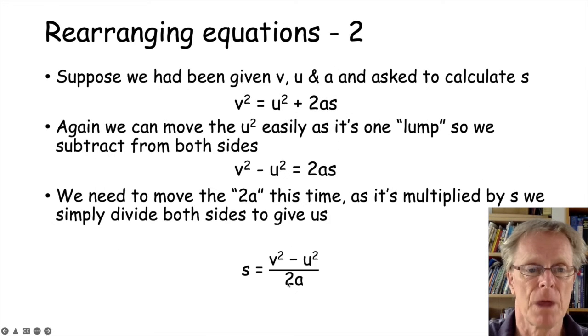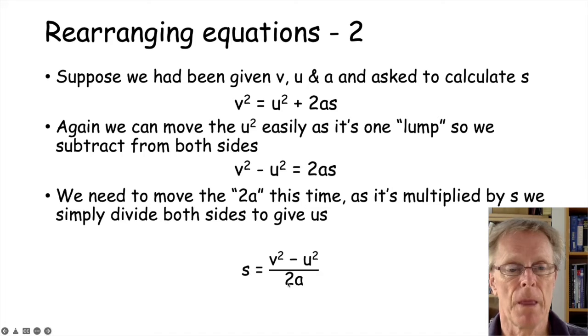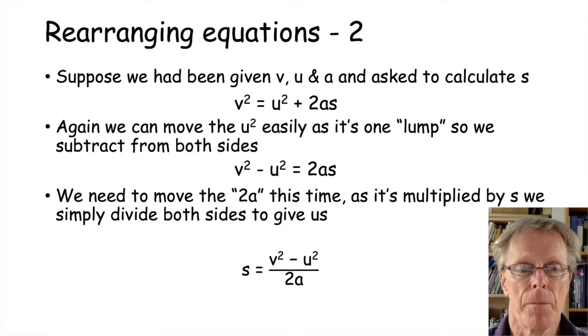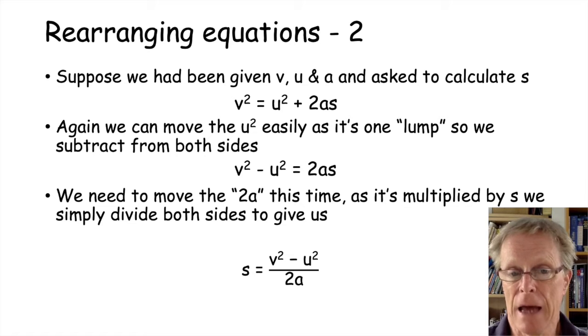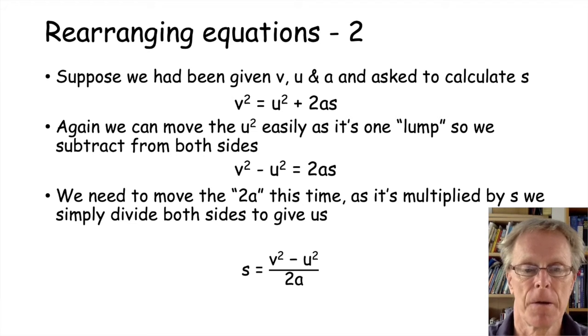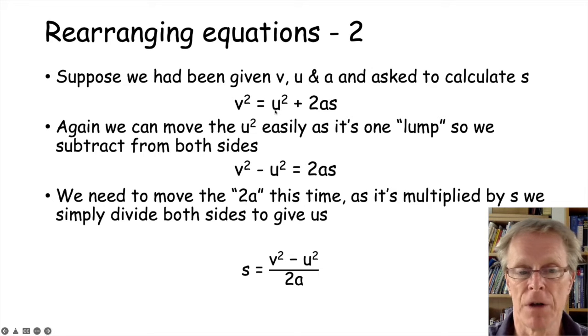Here's another one, rearranging equations 2, same formula. Suppose we'd be given v, u and a and asked to calculate s, which we know is distance. There's the formula there. We can move the u squared very easily as it's one lump. So you can simply subtract that from both sides. It's quite easily done. So v squared minus u squared equals 2as.